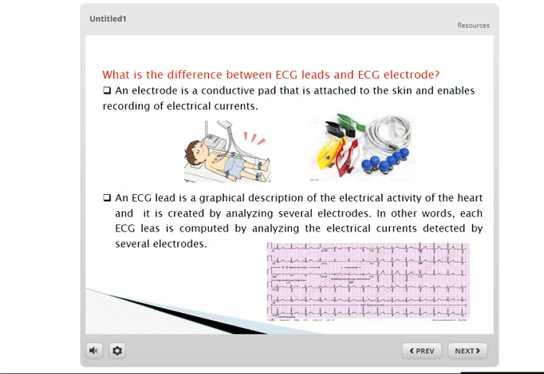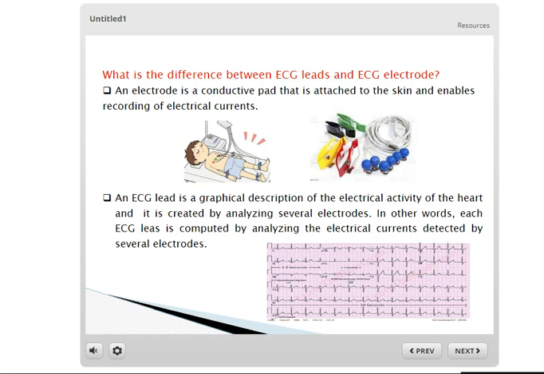The ECG leads are the graphical representation of the electrical activity of the heart. Each ECG lead is computed by analyzing the electrical signals detected by a specific combination of electrodes.